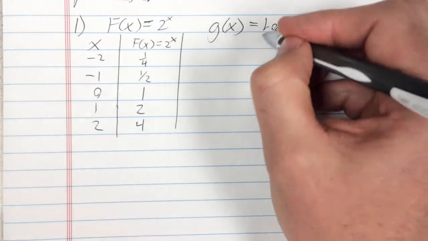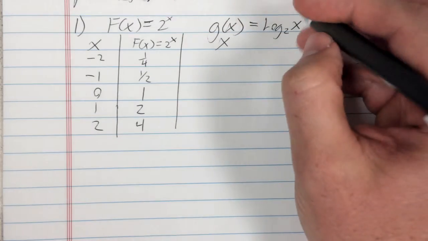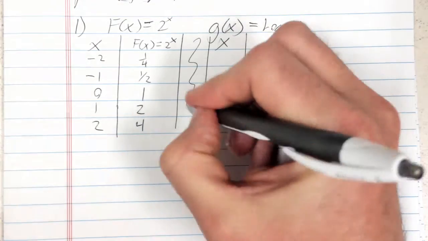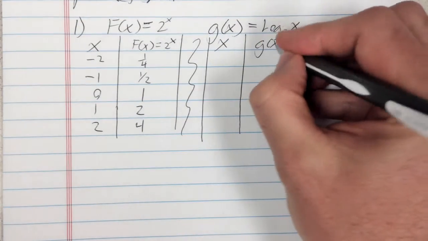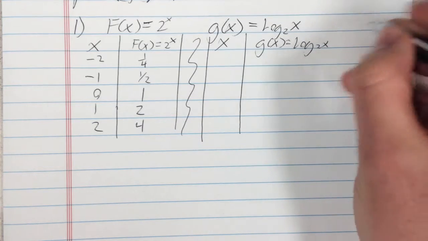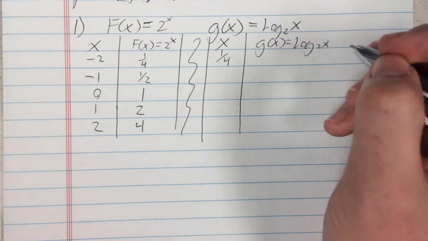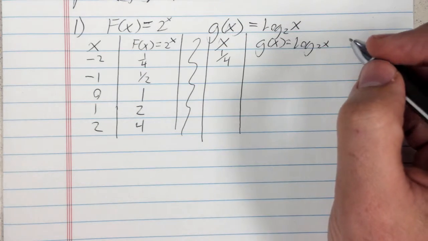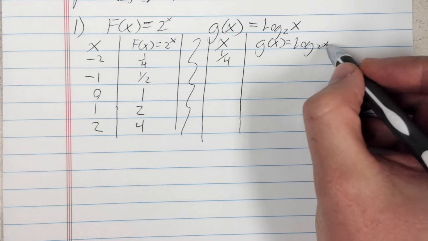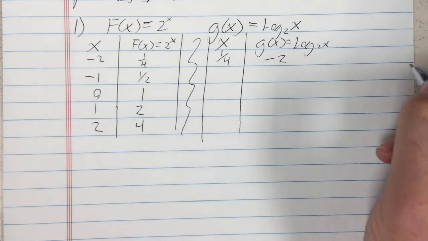Alright, and we've got our other piece, so for the inverse we've got x and g of x is equal to log base 2 of x, so x and y. So here we're plugging in 1/4. If we plug in 1/4, log base 2 of a fourth, the answer is -2.